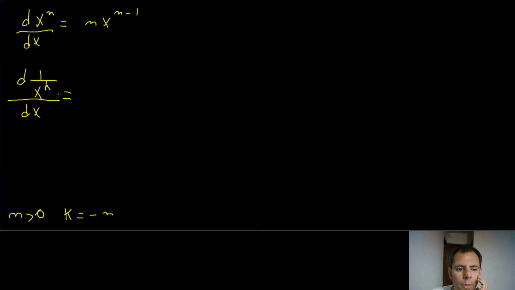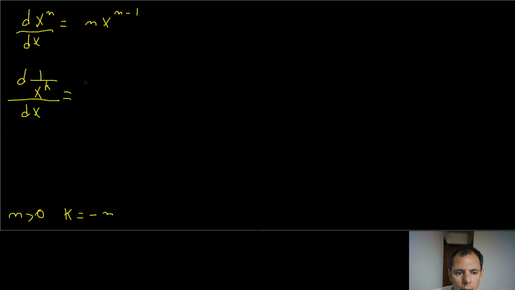So what's this going to be? Of course, all you got to do here is the same thing: x to the minus k, and then you do minus k times x to the minus k minus 1. Yeah, you can do that. But let's not do this; let's do this stuff in here.